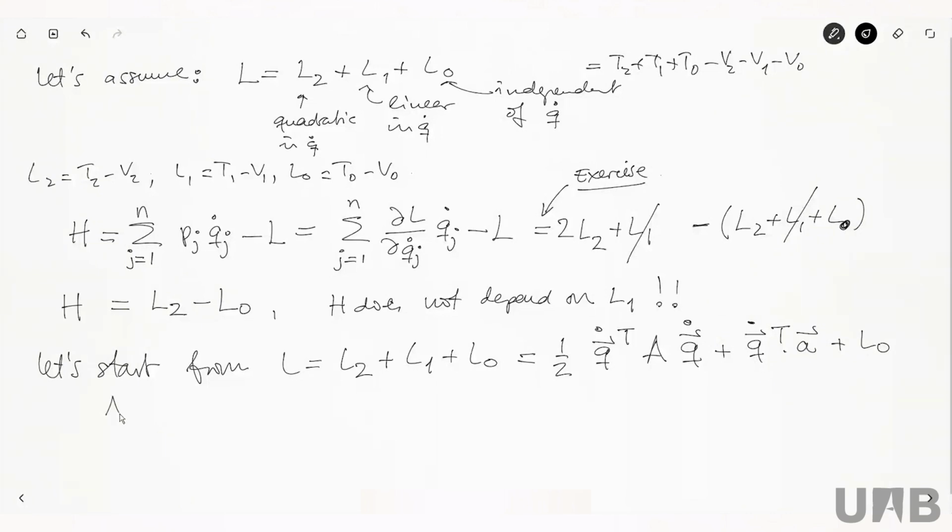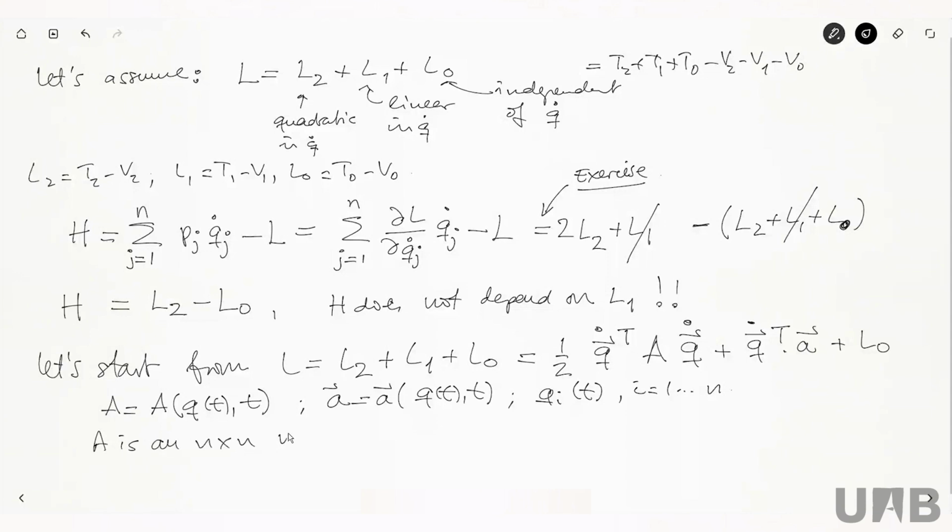The matrix A is, of course, a function of all the generalized coordinates and time. And this vector a here is also a function of all the generalized coordinates and time. Remember that I have q_i of t coordinates, i goes from 1 to n, so A is an n by n matrix.